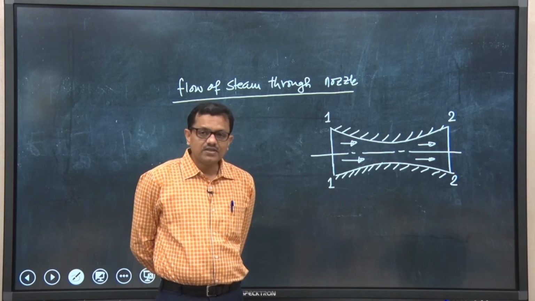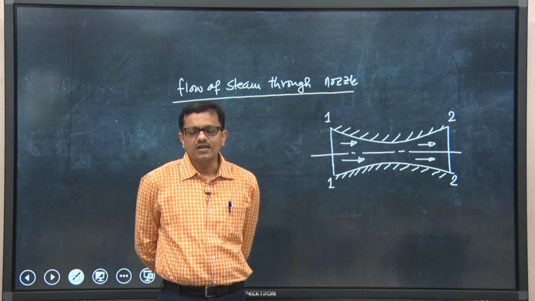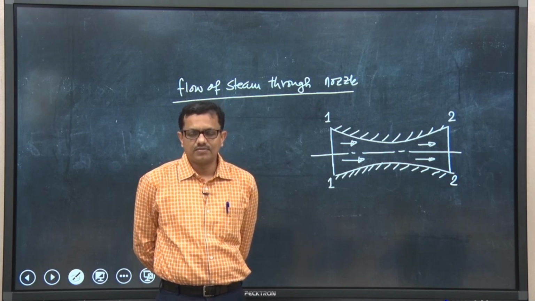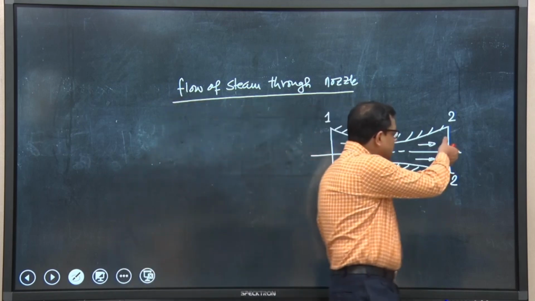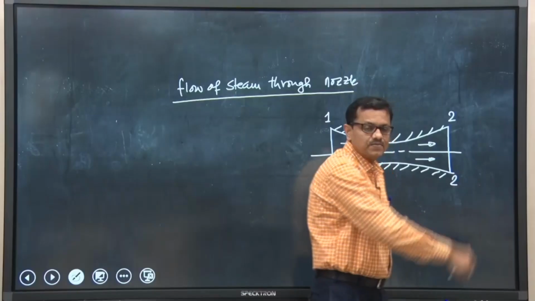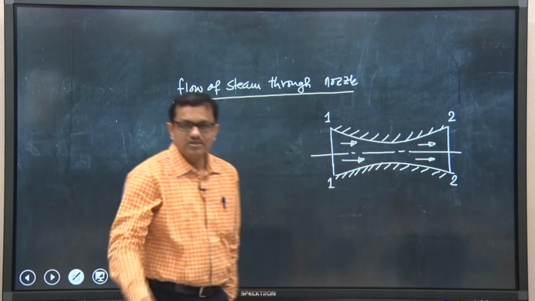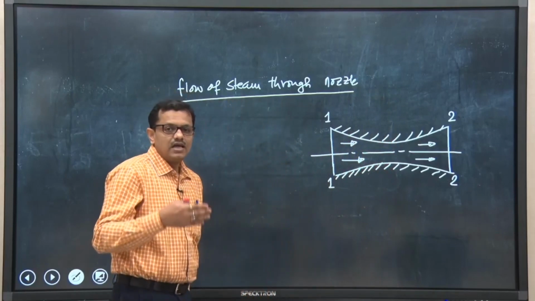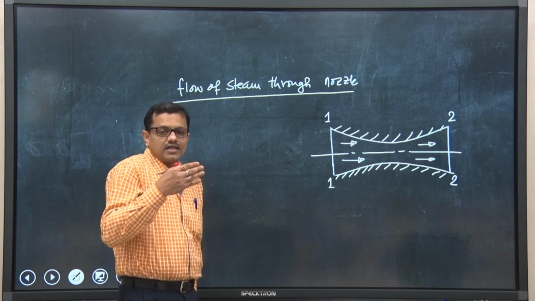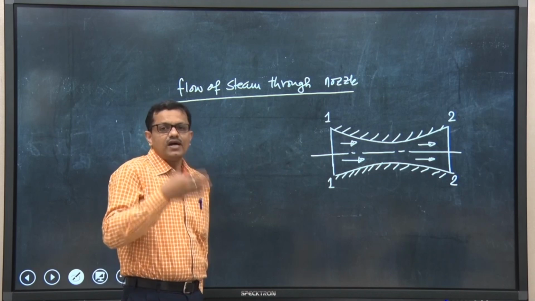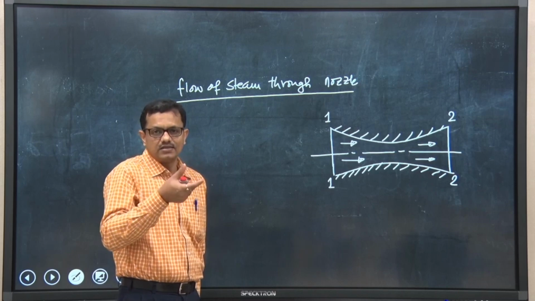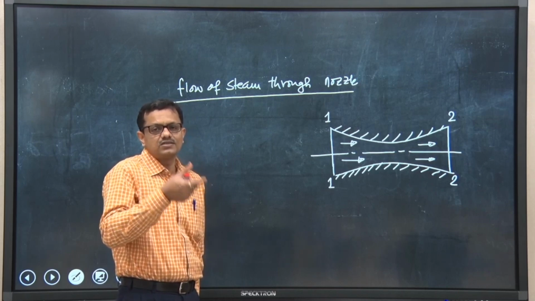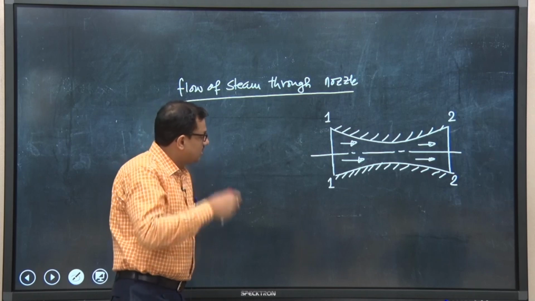So, the basic objective of having this flow nozzle is to produce a steam jet. That means the steam coming out at the exit of the nozzle should have a velocity good enough so that the jet has high kinetic energy before it strikes the turbine blades.